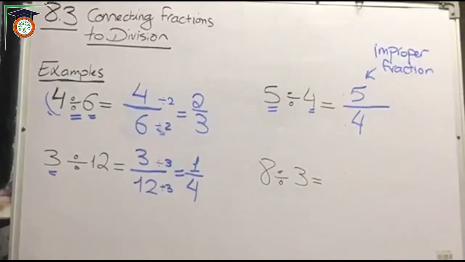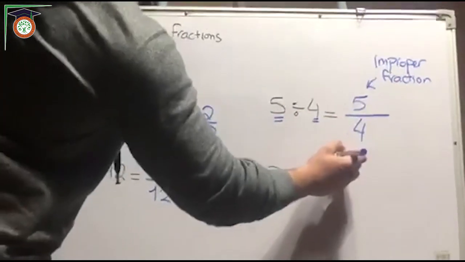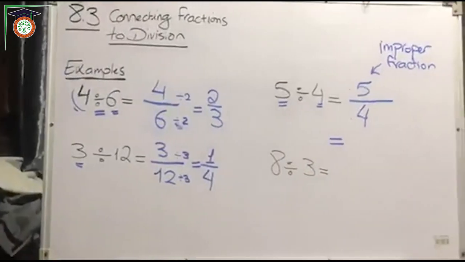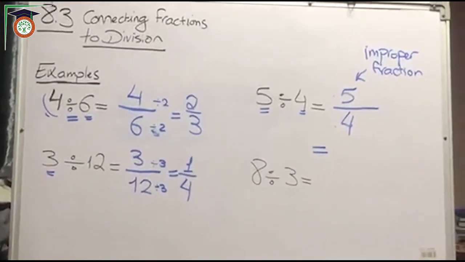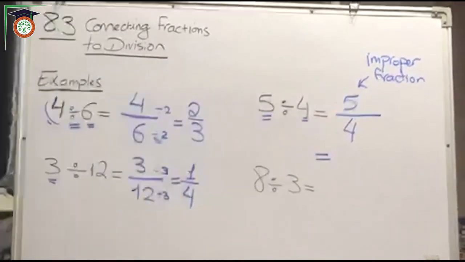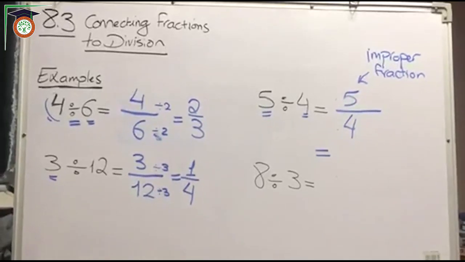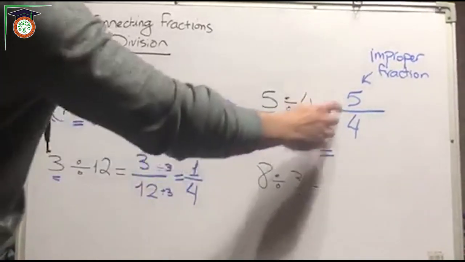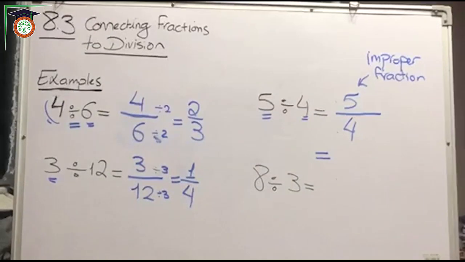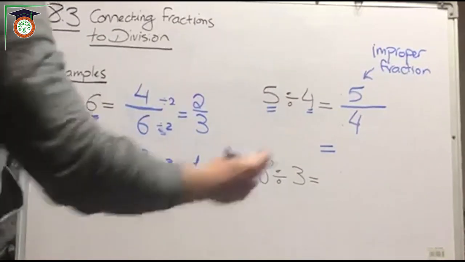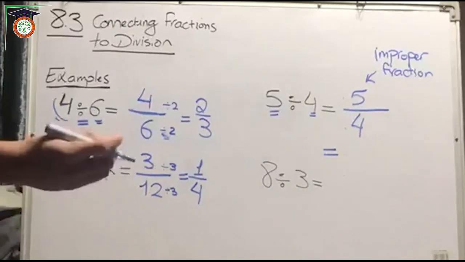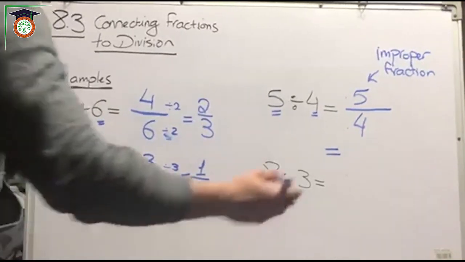So I'm gonna have to turn this number into a mixed number. How do I do that? I gotta think, is 5 divisible by 4? No, it's not. What is the number that is less than 5 that is divisible by 4? If I take 1 away from the 5, I get a 4. Is 4 divisible by 4? Yes, it is.